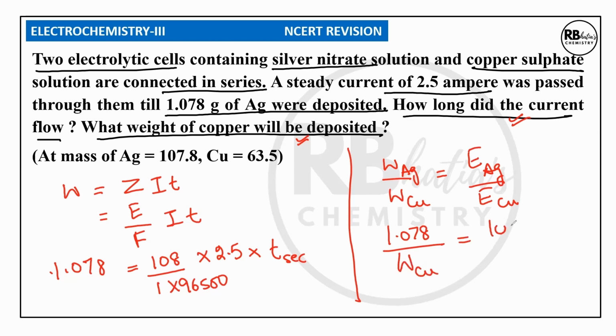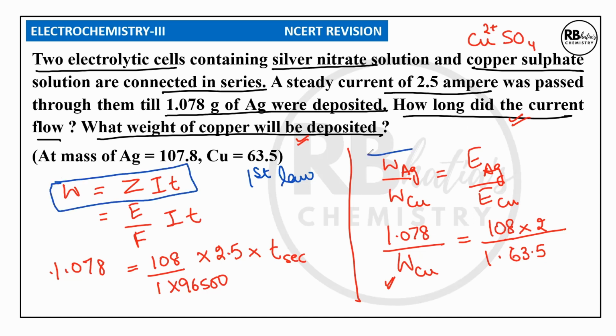E silver is 108 upon 1 and E copper is going to be its mass upon its n factor. Why n factor is 2? Because copper sulfate formula is this, with copper being a 2 plus ion. So solve this and you will get the weight of copper deposited. This we have used for the first part. We've used first law of electrolysis, W is equal to ZIT.